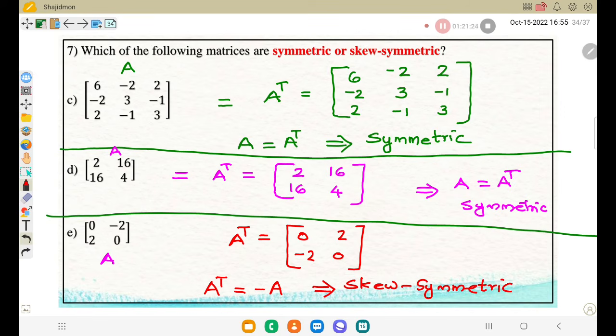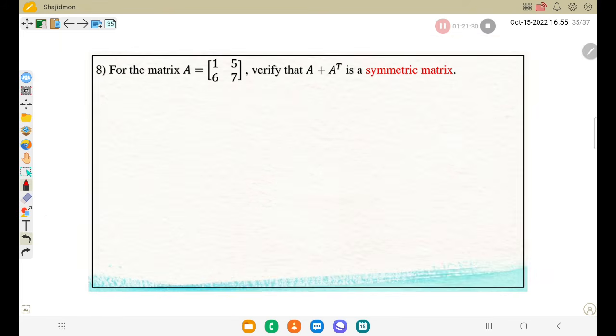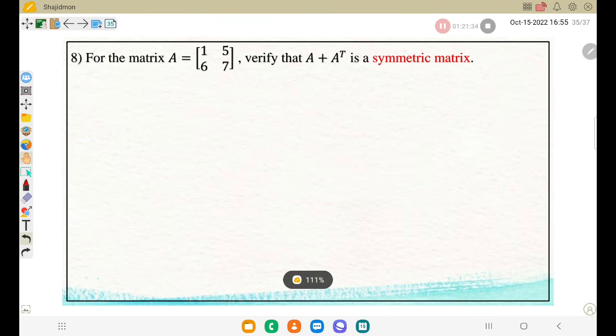So I hope you understood the meaning of symmetric matrix and skew symmetric matrix. Okay, now let me go to question number 8. For a matrix A equals 1, 5, 6, 7, verify that A plus A transpose is a symmetric matrix. A plus A transpose will always be symmetric, so we need to verify that here. First calculate A plus A transpose.